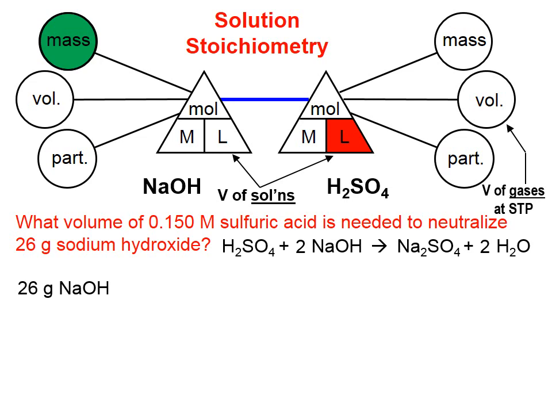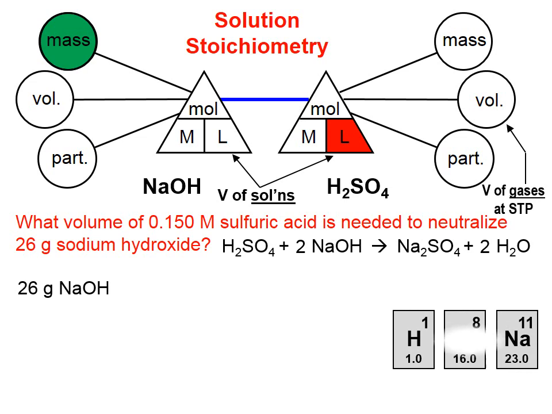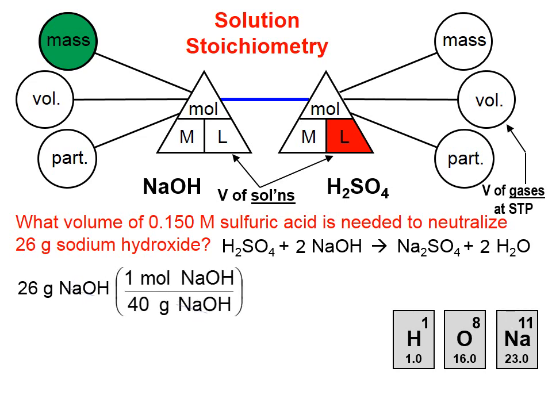We need to use the molar mass to convert into moles of sodium hydroxide. In the lower right here, I've pulled the appropriate information from the periodic table. 23 plus 16 plus 1 gives us 40 grams of sodium hydroxide. So now let's cross the middle bridge. We recall that when we cross the middle bridge, we need to use the coefficients in the balanced equation.